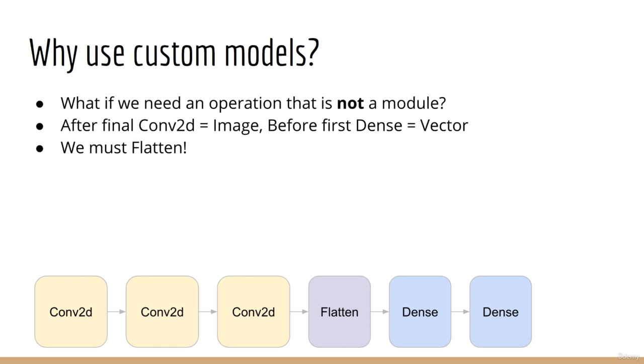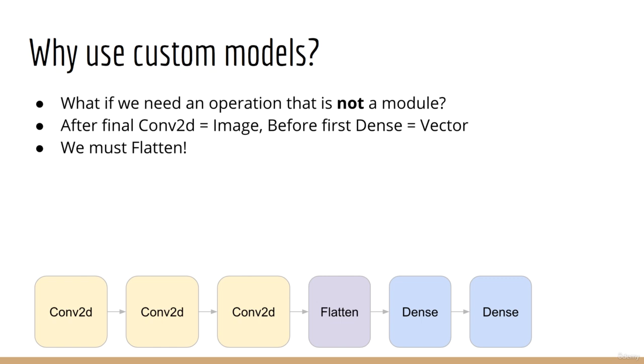The output of a convolution is an image, while a dense layer expects an input vector. Now, although PyTorch does have a flatten layer, you might wonder, what if it didn't exist? Or what if some other operation you wanted to do didn't exist? In that case, you could build a custom model.